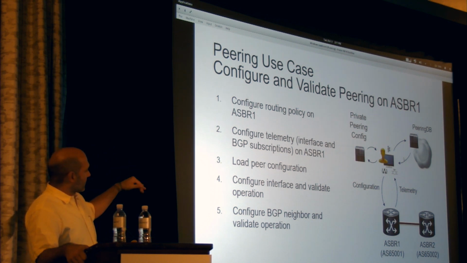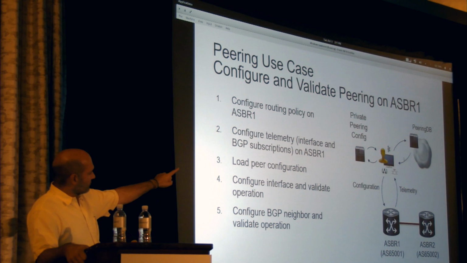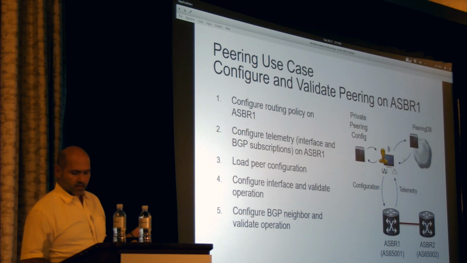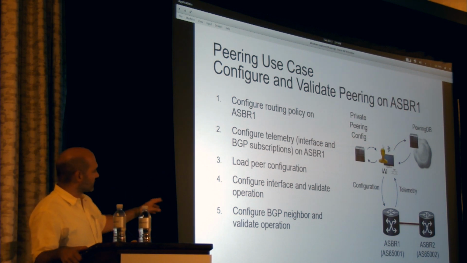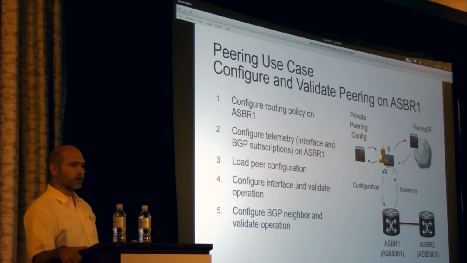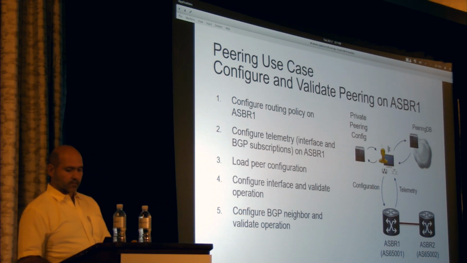And the third step in this workflow will be for a script on this node to read a peer configuration of the peering that we want to do between ASBR1 and ASBR2. This is based on a local configuration read from a local repository; all this is actually sitting in a virtual machine, in a single device. So I read that local configuration and configure the interface, and wait for the interface state to be pushed back to me.